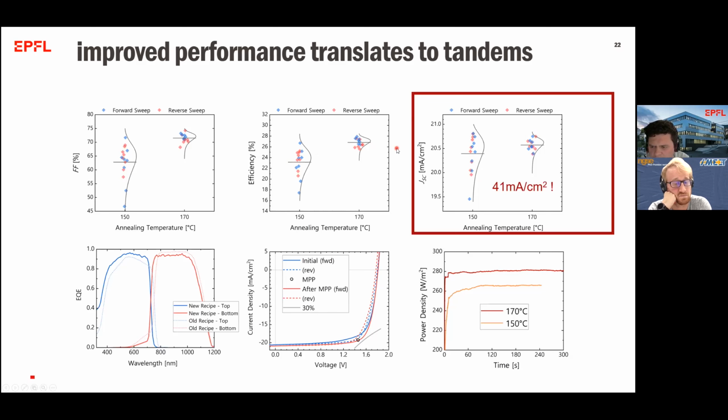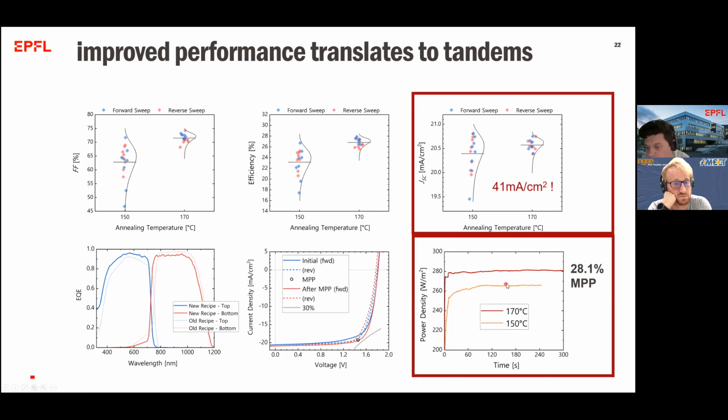I think this should be on par with the highest reported ones, if not exceeding them, and a stable 28% maximum power point efficiency with EQEs that look like the red and blue ones here on the lower left side. And I think this is as good as it gets. Yeah? So this looks like a simulation, but it's an actual measurement.